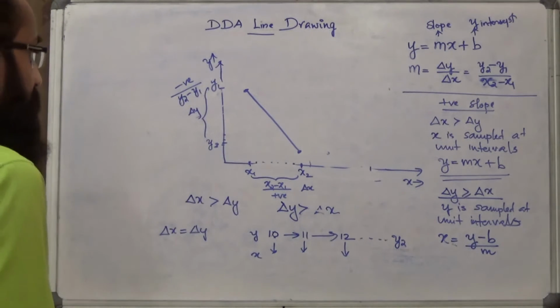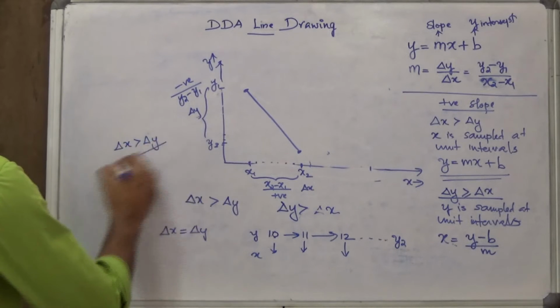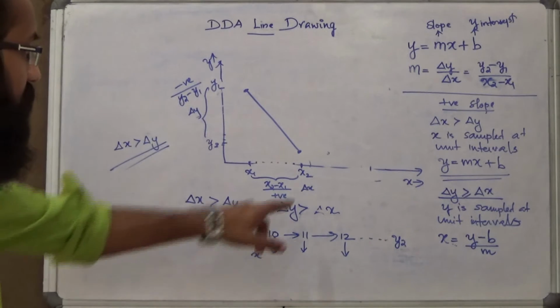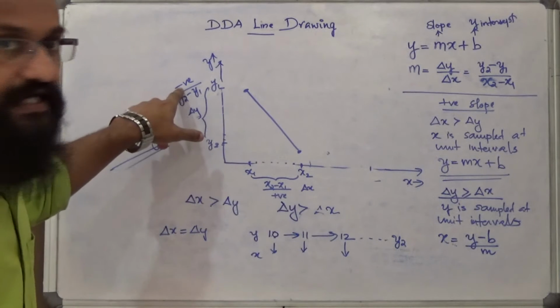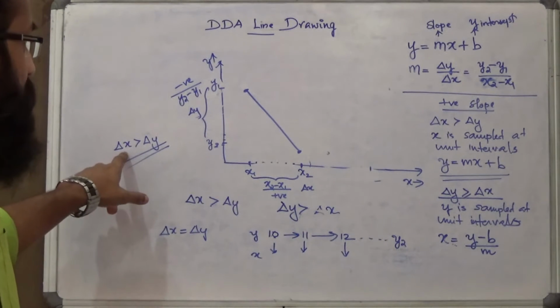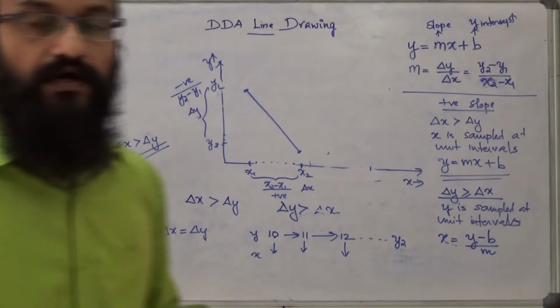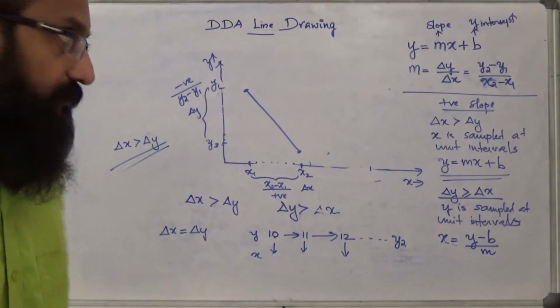But if we simply compare delta x greater than delta y, that gets satisfied because delta x is positive and delta y is negative. So this condition gets satisfied and you will go on sampling x at unit intervals.